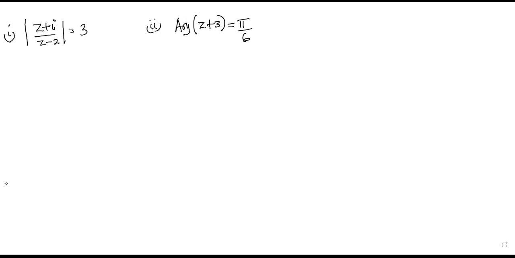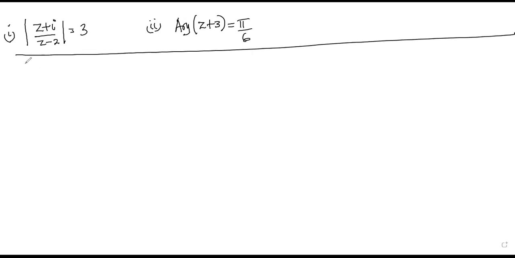Of course, if you have to, let z be equal to x plus iy, implying that x plus iy plus i over x plus iy minus 2 is equal to 3.